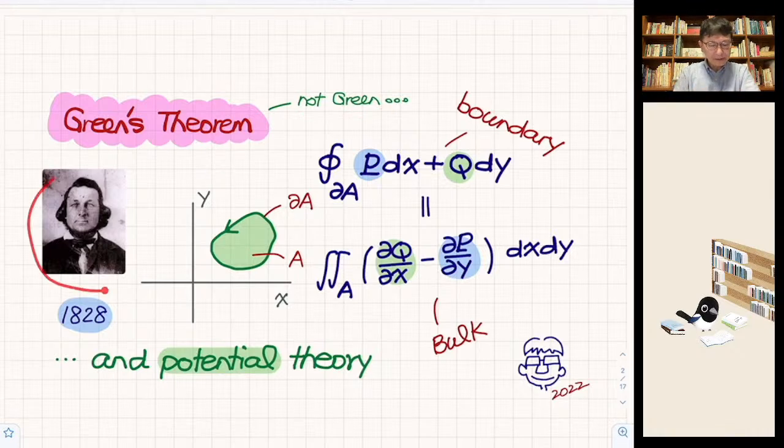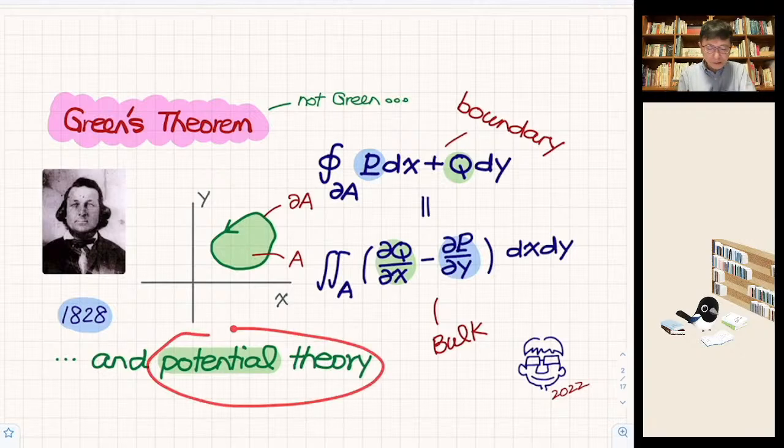George Green is also a very interesting mathematician. I believe he only attended formal school for about 1 year. And then he came up with lots of interesting mathematical theorems and basically developed the whole idea about potential theory in electromagnetism.